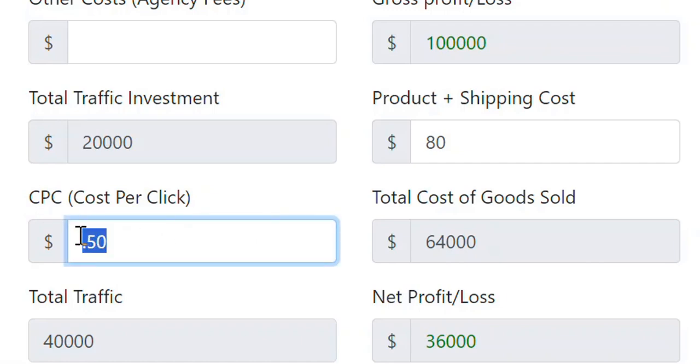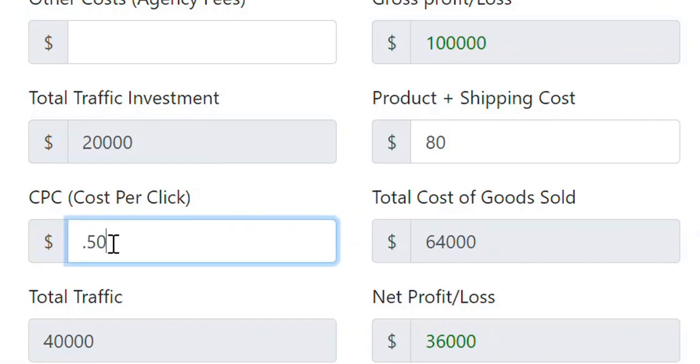Now, in case you are a bit skeptical and think it's not possible to get the average cost per click to 50 cents, it is highly, highly doable. And if you are an e-commerce business, depending on what you sell, I would recommend that your average cost per click should not be more than 50 cents.